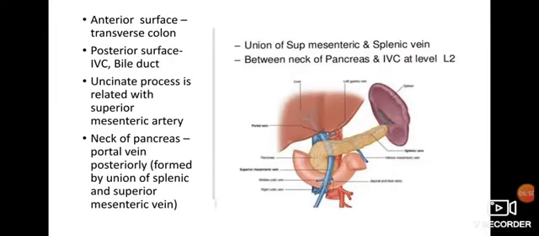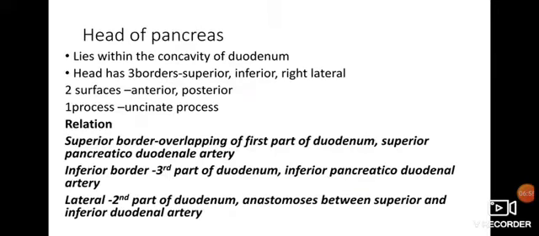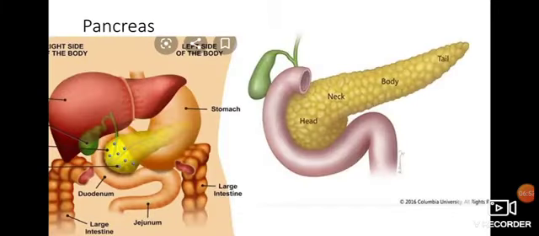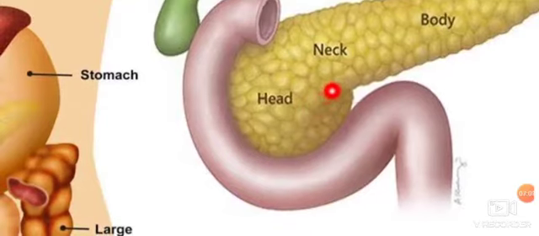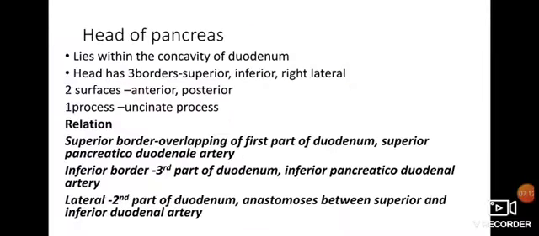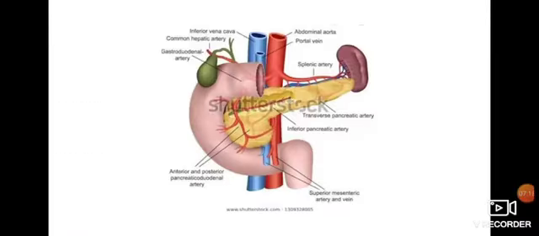Now the uncinate process. The uncinate process is just an extension from the head of the pancreas. I will show you the uncinate process here. See, this is the uncinate process, this projection. This is extending from the head. The head has a projection or process which is called the uncinate process. What is the relation of the uncinate process?